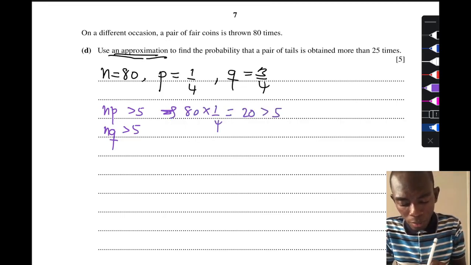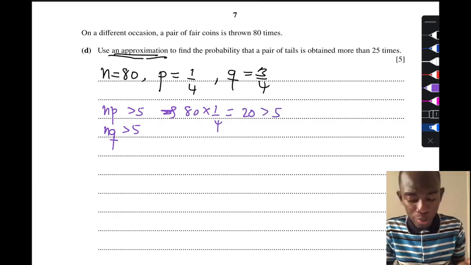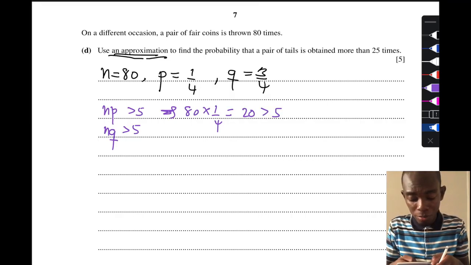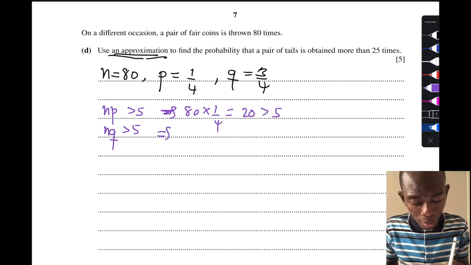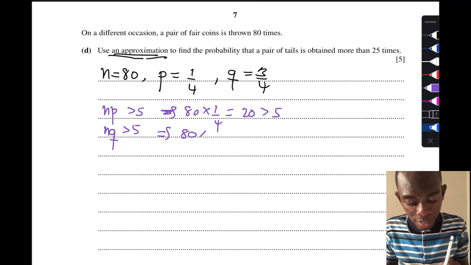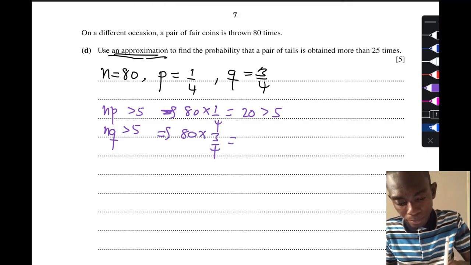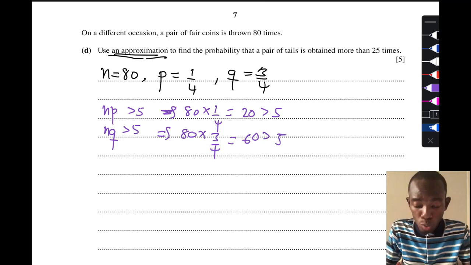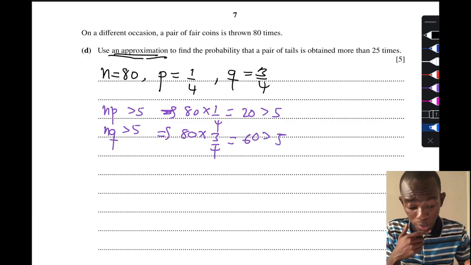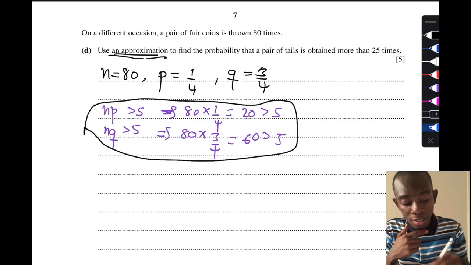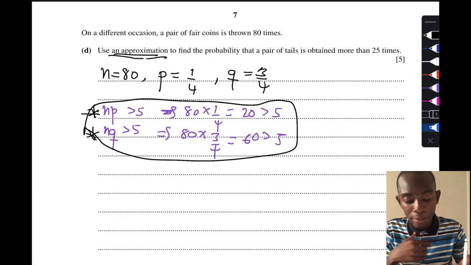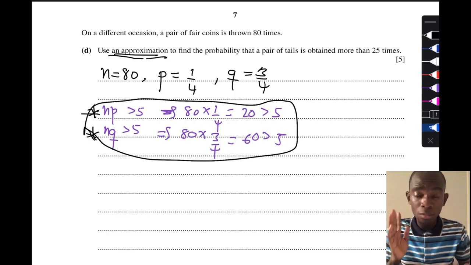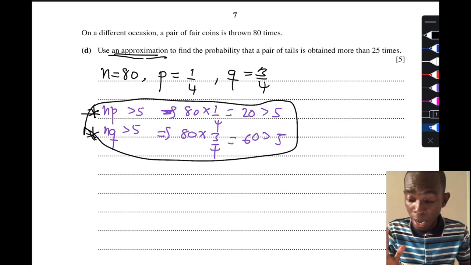Then 80 times 3 over 4, that would be 60. We know that both are greater than 5, so we can use approximation. The question says use approximation, so just use it. You don't need to worry yourself about these conditions, unless you want to be very critical in the exam room, then that's fine.